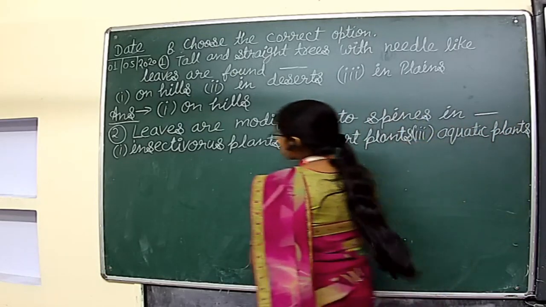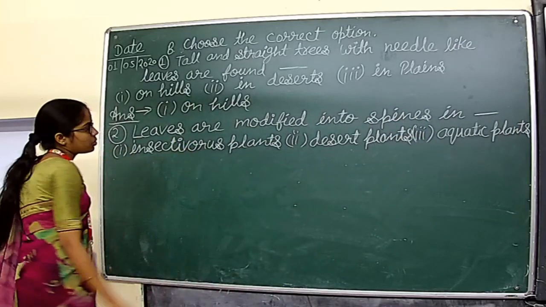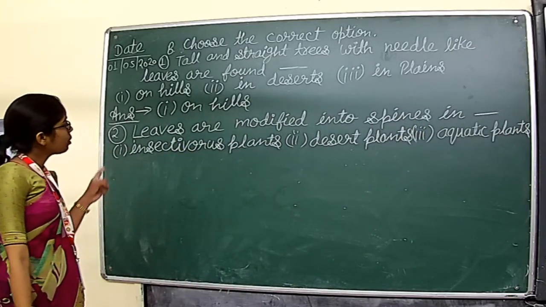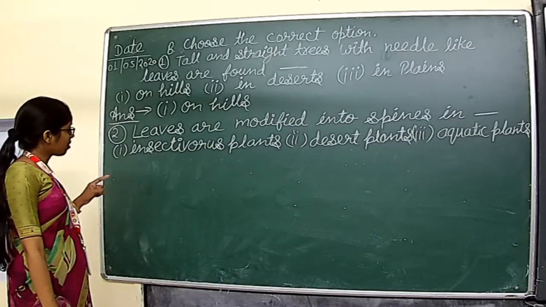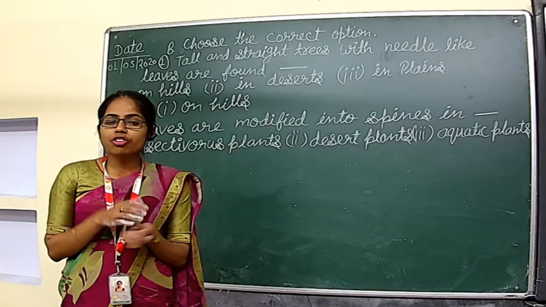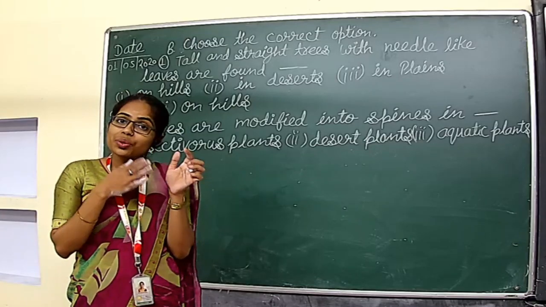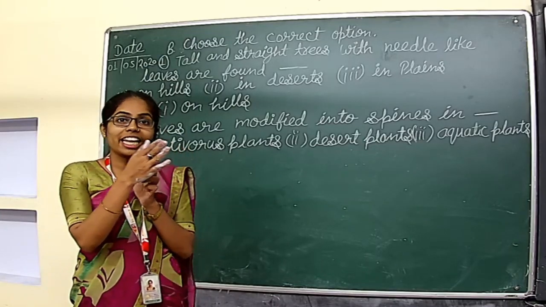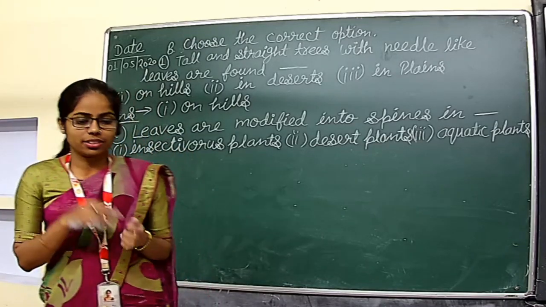Now, let's discuss this question. Leaves are modified into spines here. Why are the leaves modified into the form of spines? Spines means, I told you, rolling. The leaves are rolled like this.